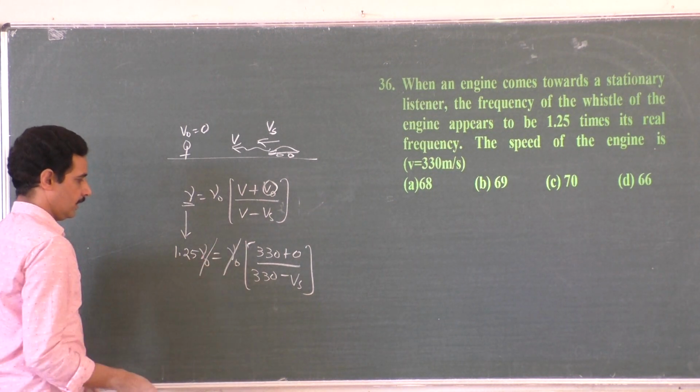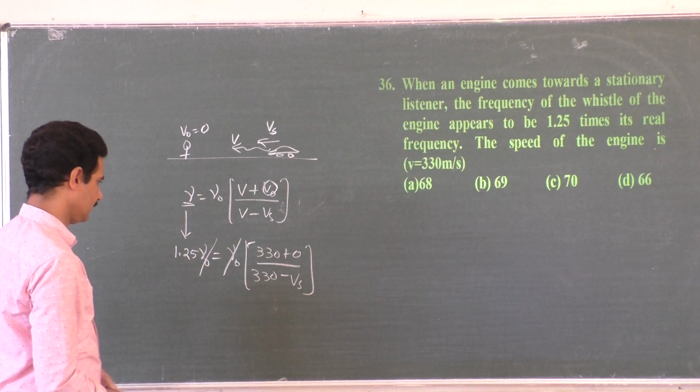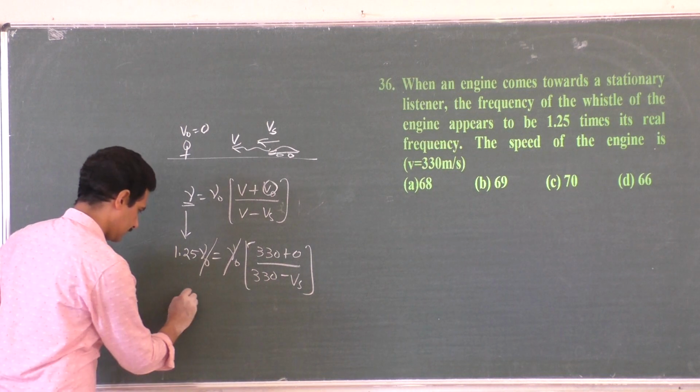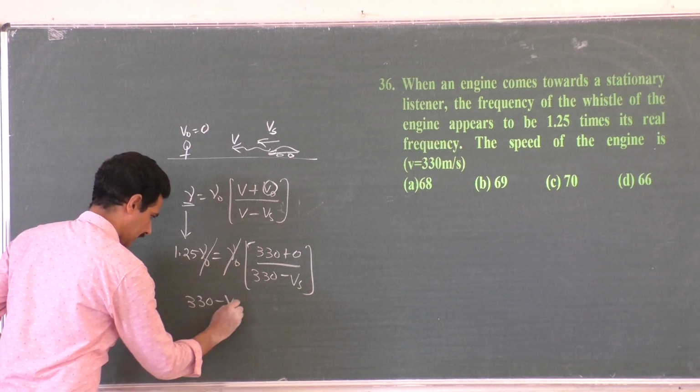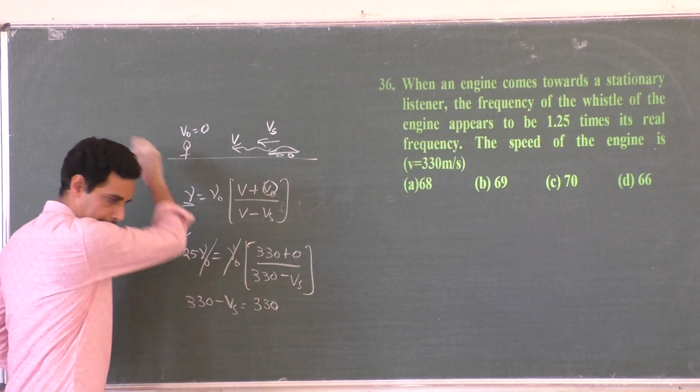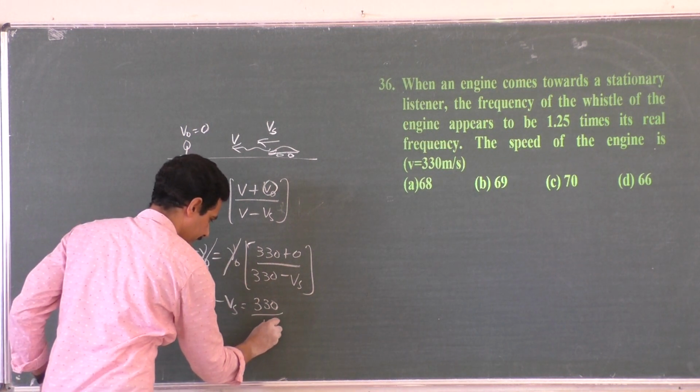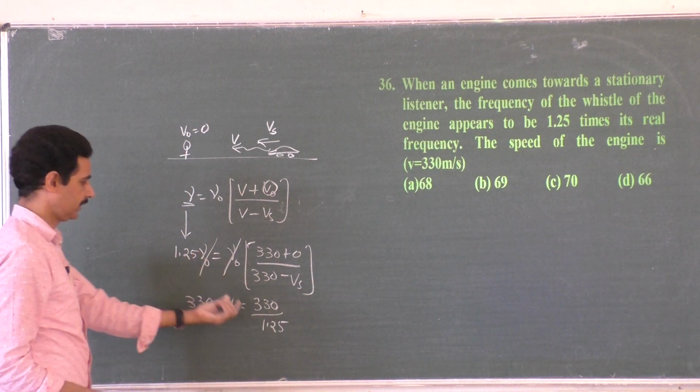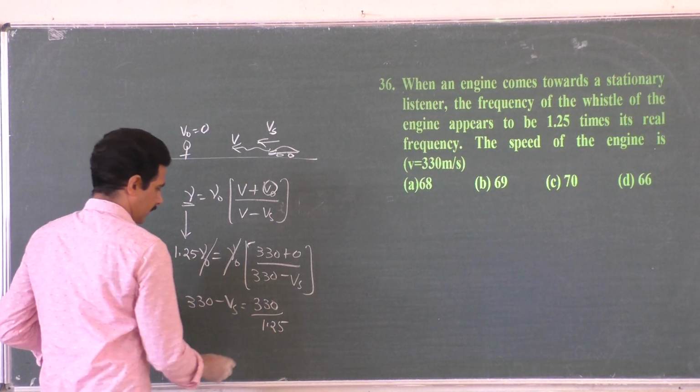Multiply this. Or shall we bring this here? 330 minus Vs is equal to 330 by 1.25. We'll do it like this.